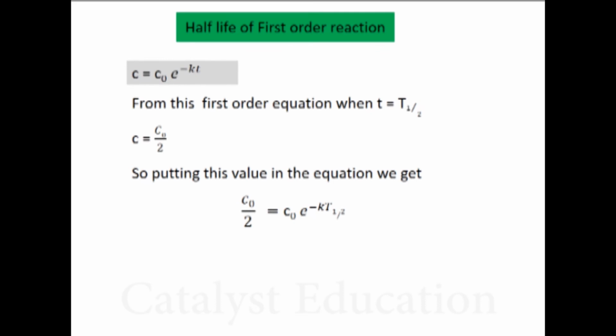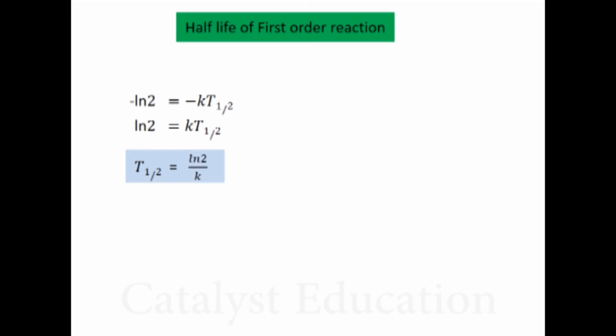Cancelling out c naught, half is equal to e to the power minus k t half. We are taking ln on both sides, and e is cancelled out. This is the simple relation: t half is equal to ln 2 by k. This ln 2 is a constant.